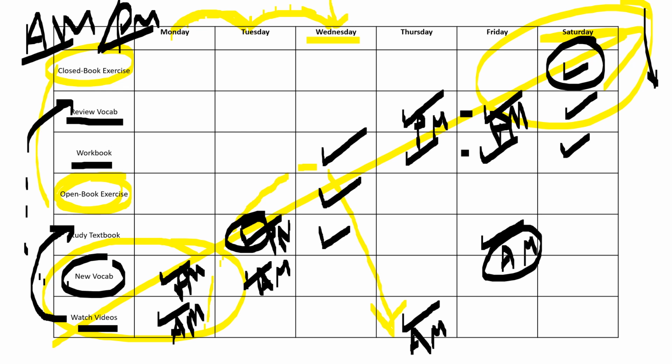So if you follow this plan Monday through Saturday, again, working AM and PM most days, and you spend 1 to 1.5 hours per day, you will be successful in elementary Greek.